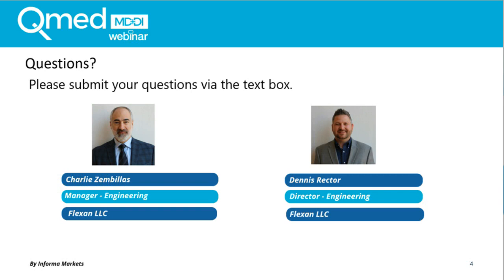Our next one here asks, how would you recommend to clean silicone tubing surfaces before coating application, especially hydrophilic coating? Isopropyl alcohol is what we would recommend. So all of our molded as well as extruded components are 100% clean with isopropyl alcohol when they leave our facility.